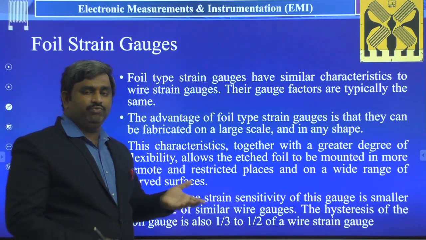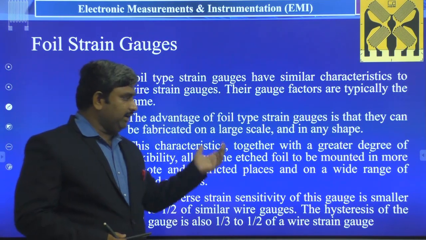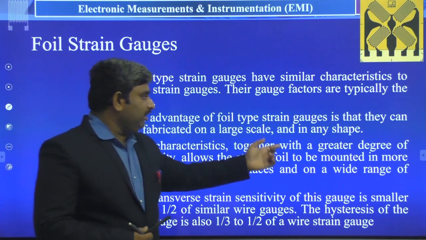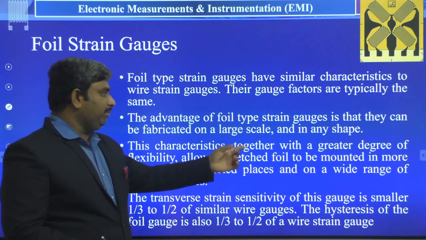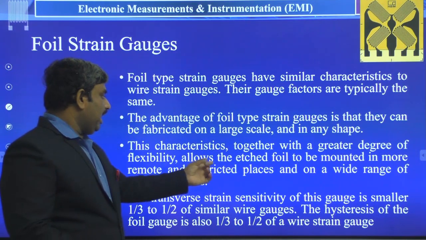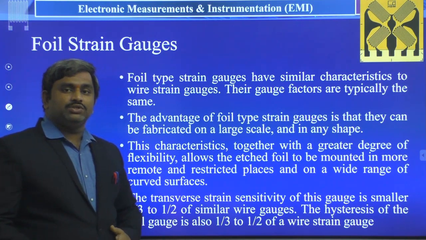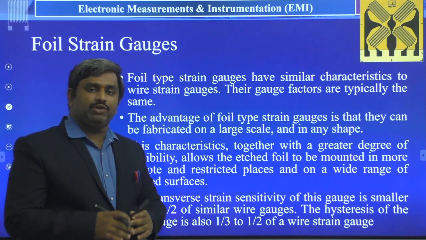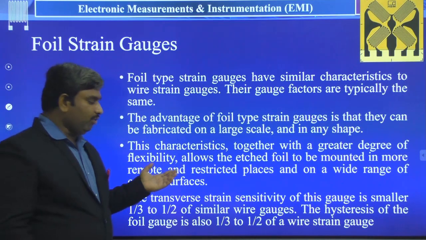Just now we discussed we can fabricate a large number of structures with the required shape. These characteristics, together with a greater degree of flexibility, allow the etched foil to be mounted in more remote and restricted places and on a wide range of covered surfaces. So we can fabricate this type of material for almost any covered surface, with different types of coils also.